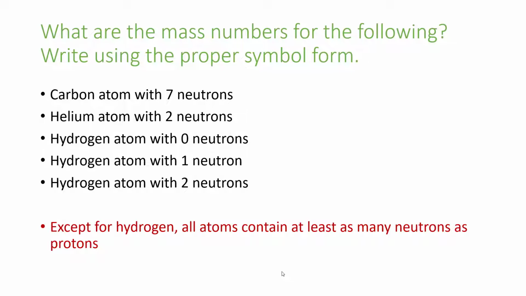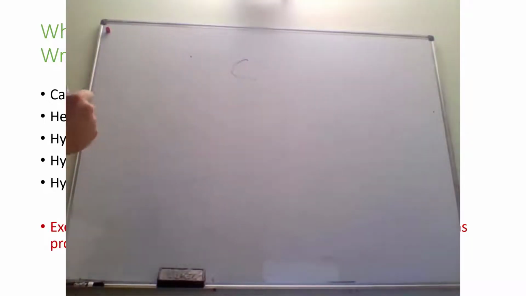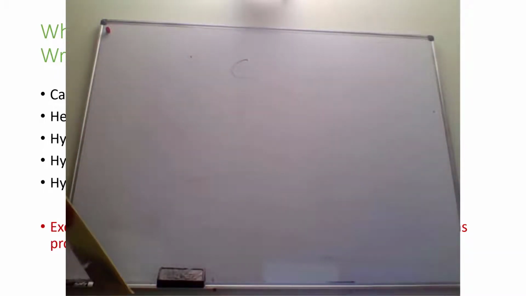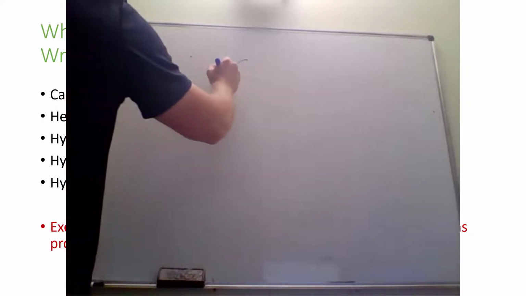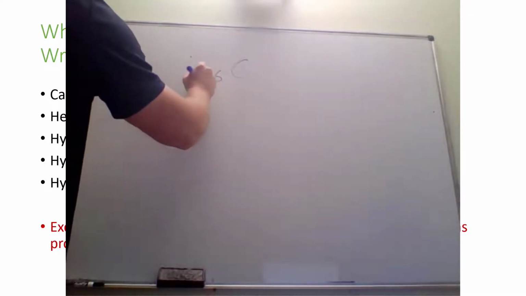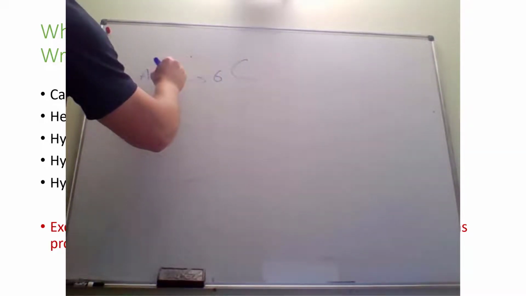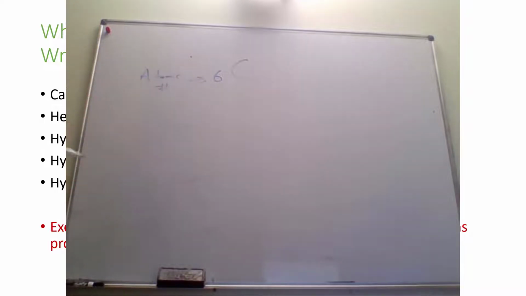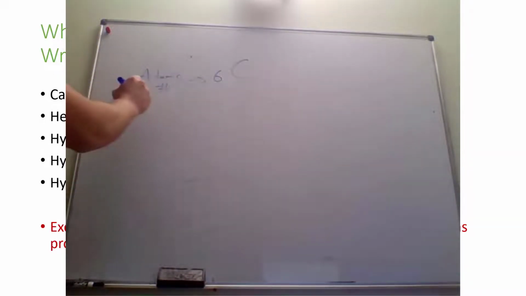Okay, so if we're looking at a carbon atom, if we open up our periodic table, we see for carbon, we have an atomic number of 6. So that means that there are 6 protons. So again here, down on the bottom, that's going to be your atomic number, which is going to be your number of protons.